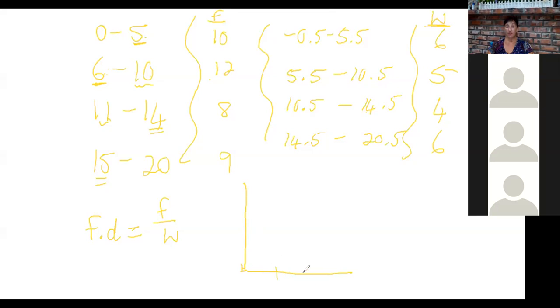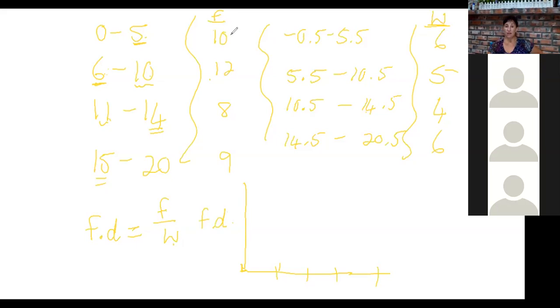Let's make this 5, 10, 15, 20. You're plotting from minus 0.5 to 5.5, and you're going up to what? We're going to find the frequency density. Frequency over width. That's what goes here.